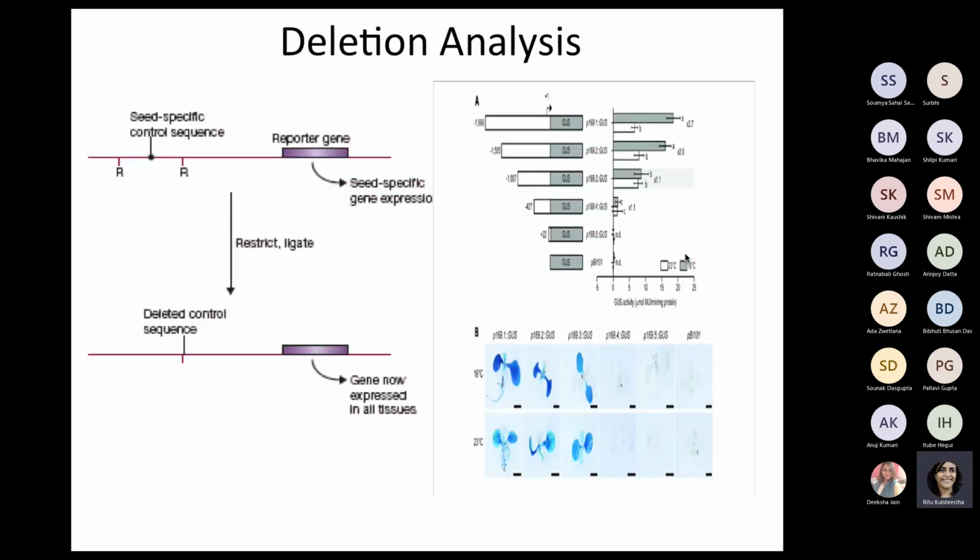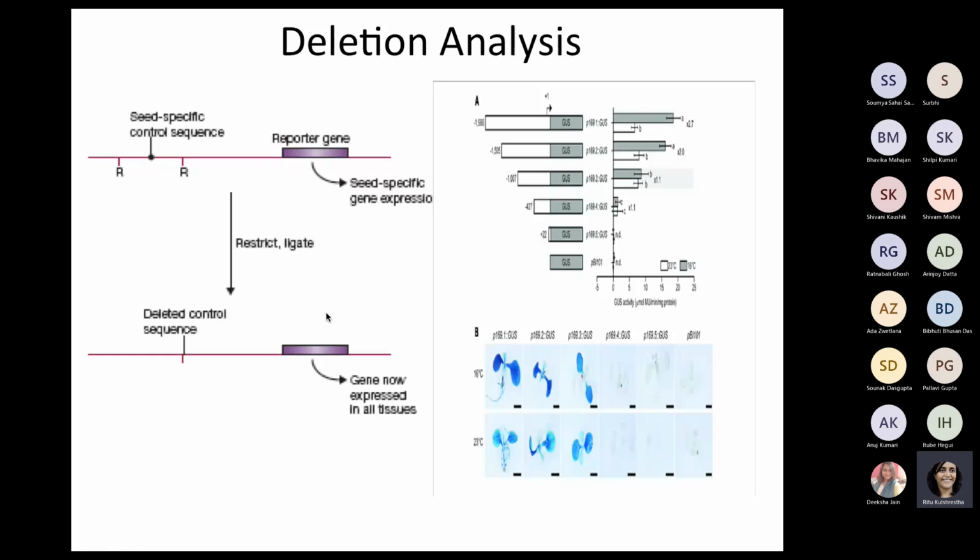Okay, so now coming to the same thing, that is promoter luciferase assays or promoter reporter assays. So there is something also called promoter deletion analysis, where in the whole promoter that you have cloned, you want to specify.